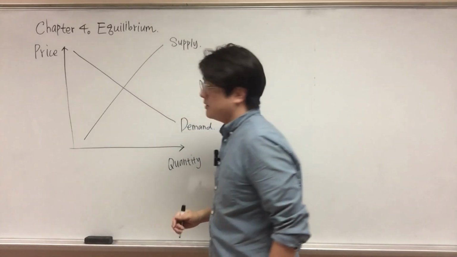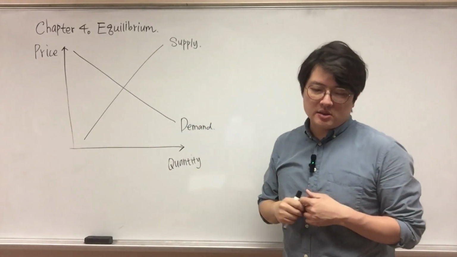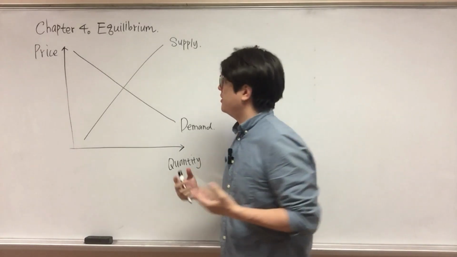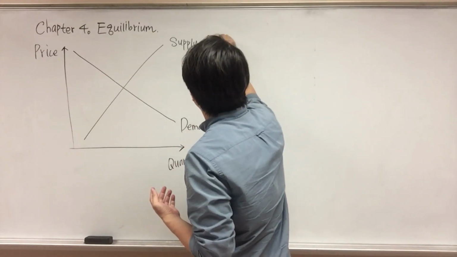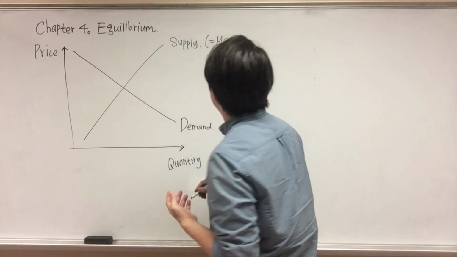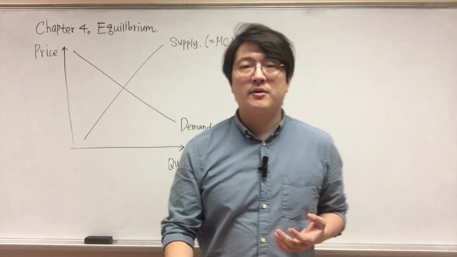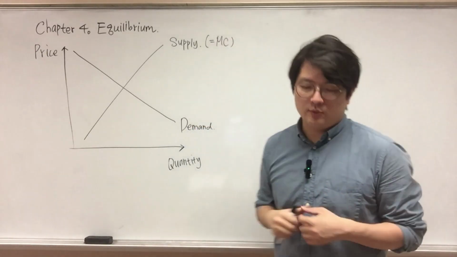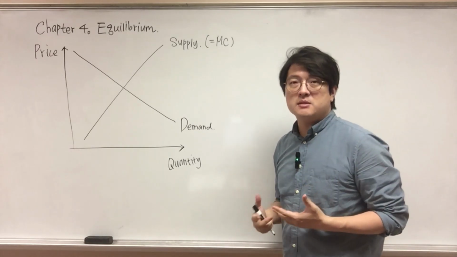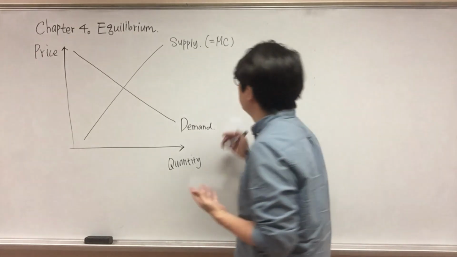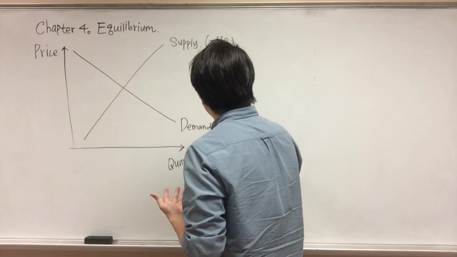As you know, the supply curve is the marginal cost curve. I just express it as MC, right? And the demand curve is the marginal benefit curve.